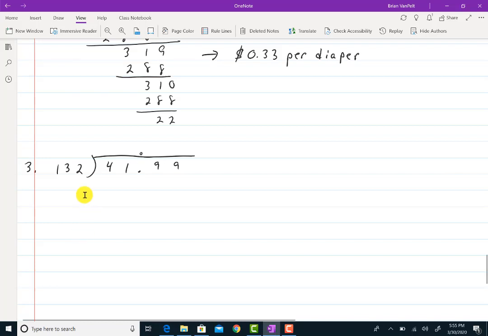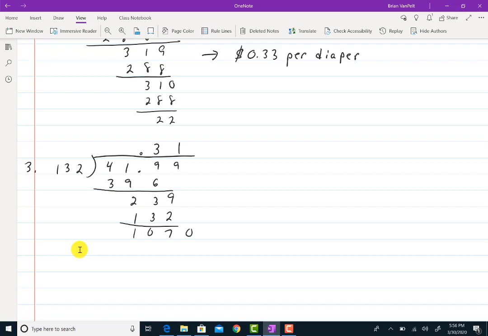And let's see, it does not go into 41, but it does go into 419, and I believe it goes in 3 times. Let's see, 3 times 132 is 396. And when I subtract, I get 23. And 132 goes into that just once. And when I subtract, I get 107. I'll bring down a 0.